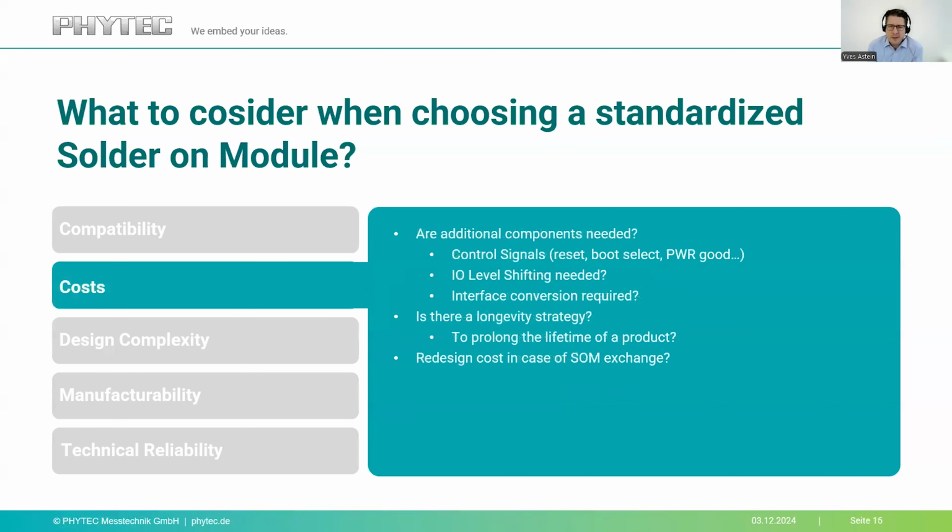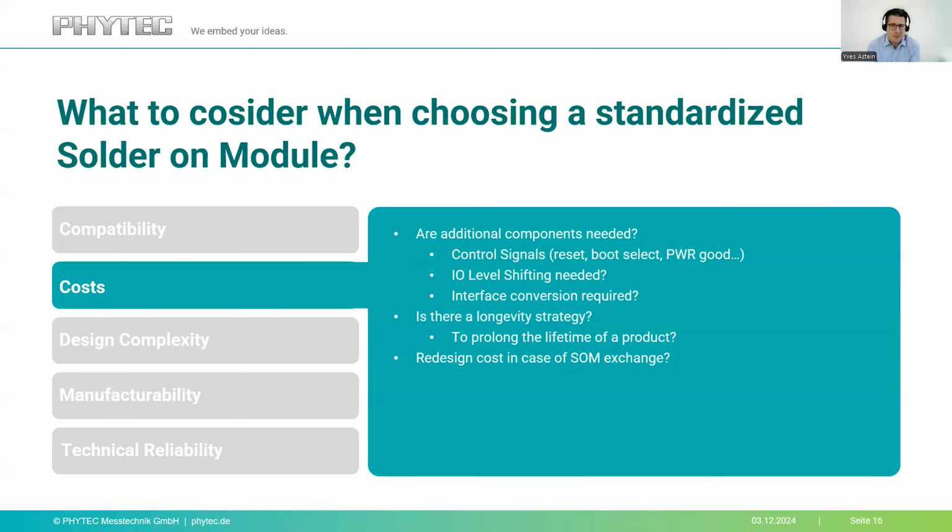Cost. If you look at cost, there might be additional components that you need in order to compensate for differences in the system on module. If the standard is not fully defined, like the control signals, the timing of the control signals, the reset behavior, boot selection, and power good signals, all these control signals interact with each other, they have certain timings, and if they vary from one version of the standard-sized SOM to another, then you're going to have some logic on your carrier board to compensate for that, and you're going to have to foresee that.